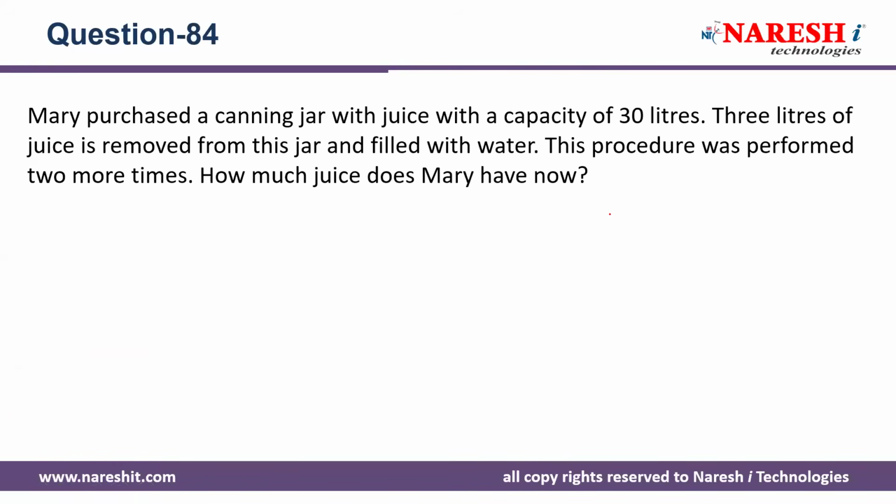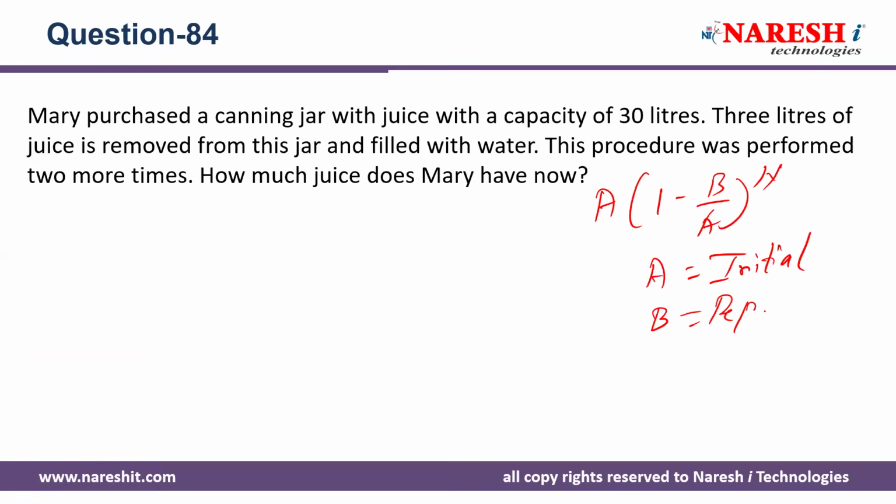Initially it was 30 liters. A into (1 minus B by A) to the power of n. A, initial value. B, replacement. N, number of times.